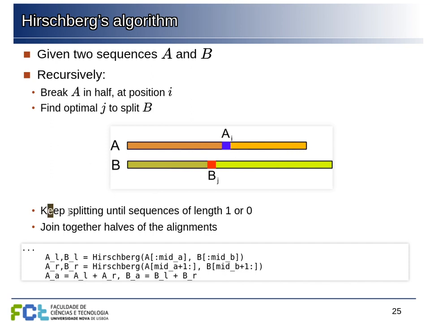And we keep splitting this until we reach sequences of length 0 or 1, and in that case, if it's 0, we just fill the other with gaps, or if it's 1, we just use the Needleman-Wunsch algorithm at that stage. And then we keep joining together the segments of the alignments until we reach the final global alignment.